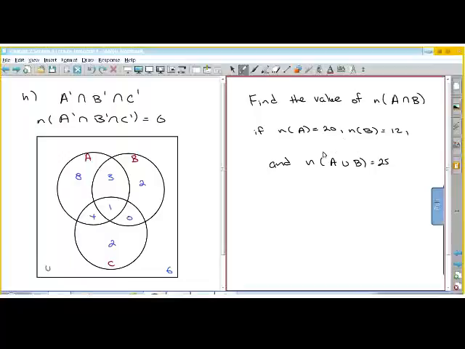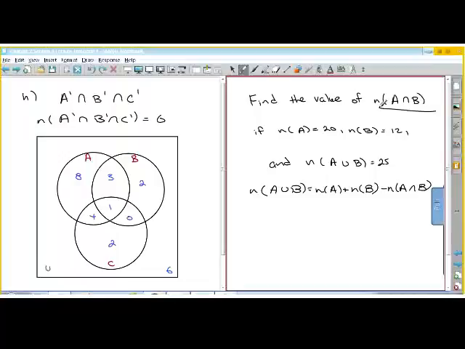There's a couple problems where you use the formula. The difference here is they ask you to calculate the number of elements in the intersection. The original formula that we just saw a second ago says the number of elements in A union B is equal to the number of elements in A plus the number of elements in B minus the number of elements in the intersection.